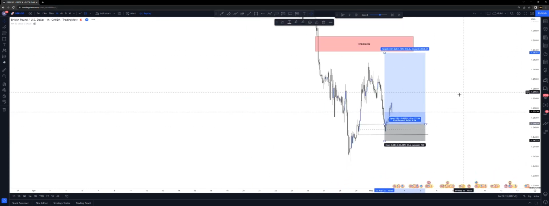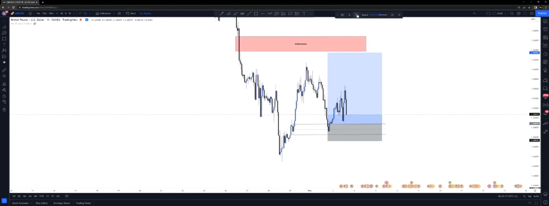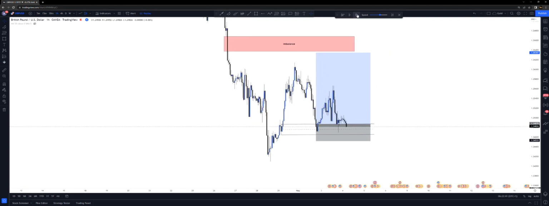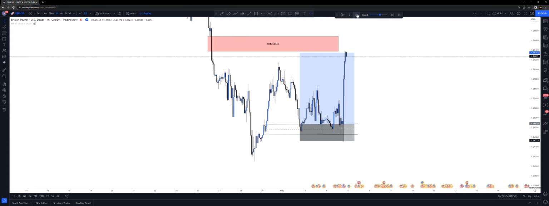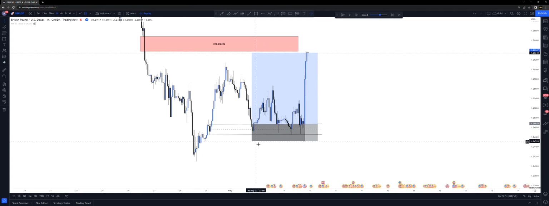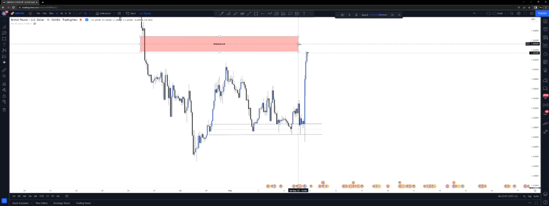Nice. Now you see this whole manipulation right here. We're taken out for the move. So the trade was a loss for us. It's not all about winning all the time.